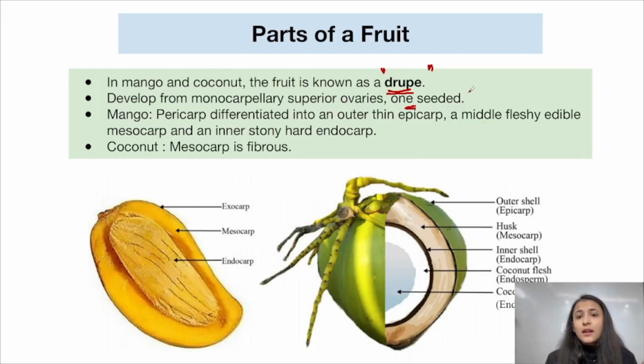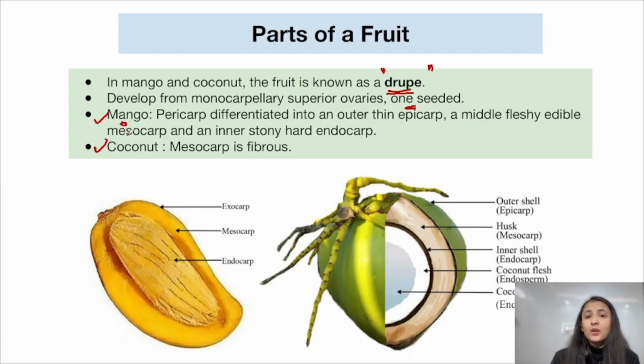Okay, and it is one-seeded. So this is how the gynoecium looks in case of the development of a drupe fruit. So the drupe develops from monocarpillary superior ovaries, which comprise one seed only. Okay, so the two examples of drupe fruits are mango and coconut.